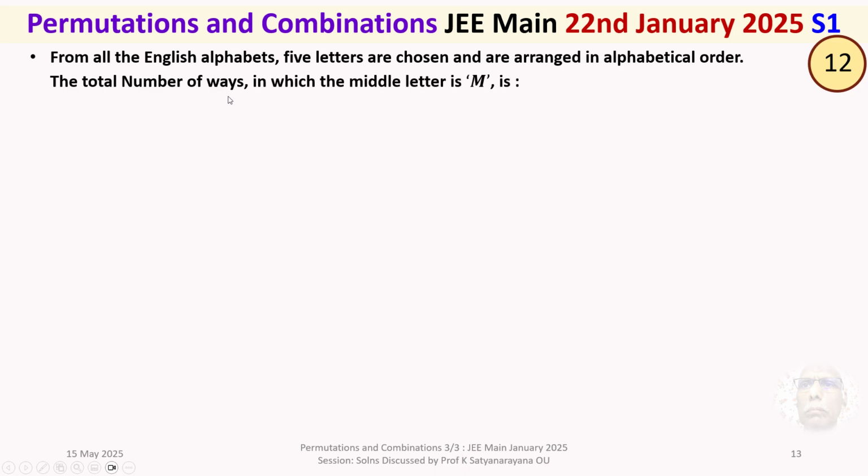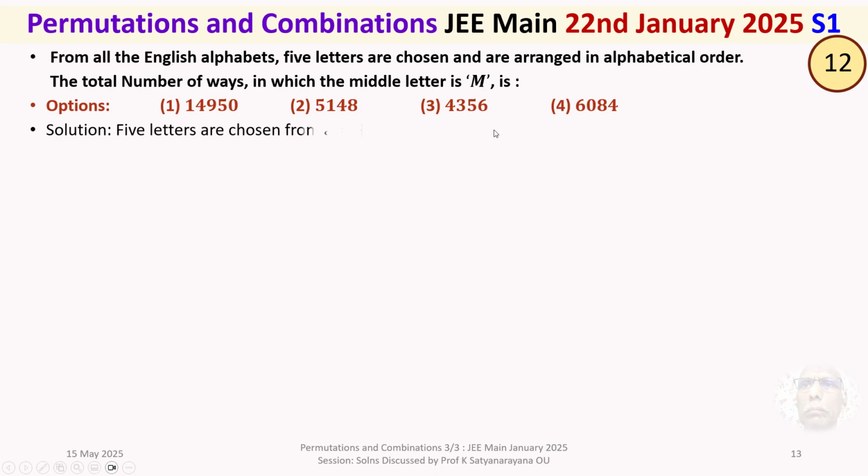The total number of ways in which the middle letter is M (M is the 13th letter) is, and we are given four options. Let's now discuss the solution of the problem in detail.